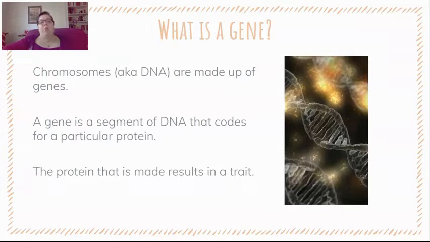And we call those sections genes. You've likely heard that word before. A gene is just a segment of DNA that codes for a specific protein. And then the protein that is made results in another word that you're probably familiar with, a trait.